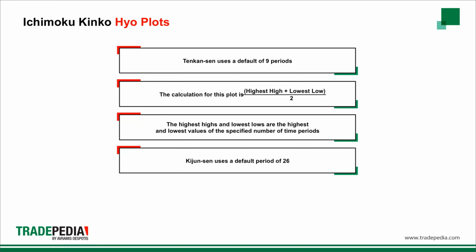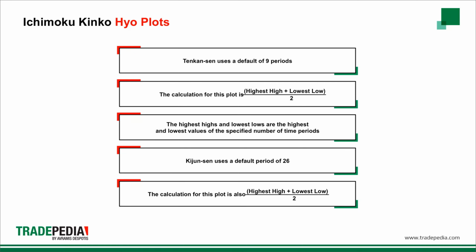If it's an hourly chart, then it's across 26 hours. Then we take the average of them and divide by 2. So that's how we can calculate the Ichimoku plot.